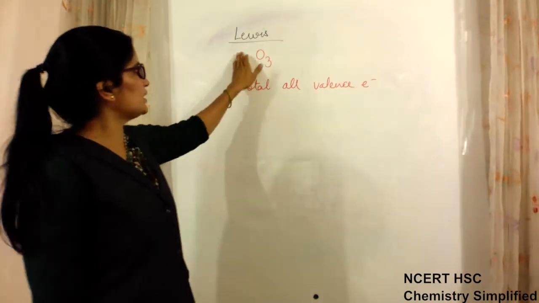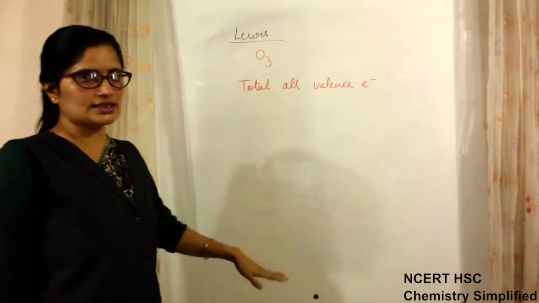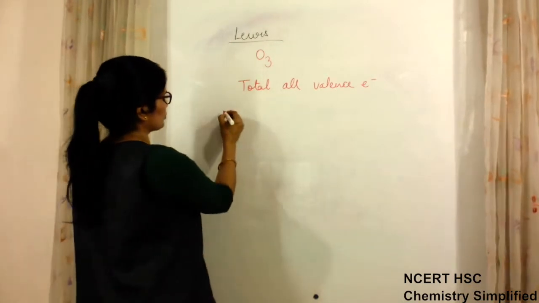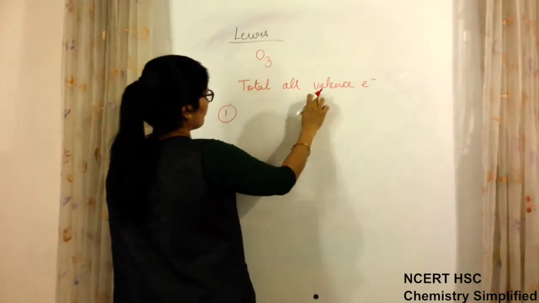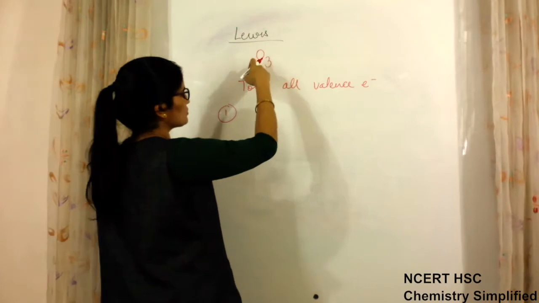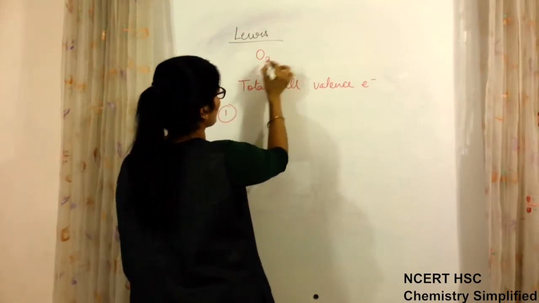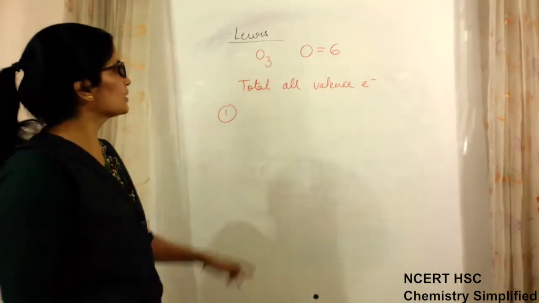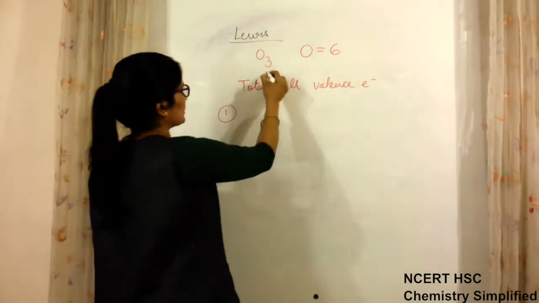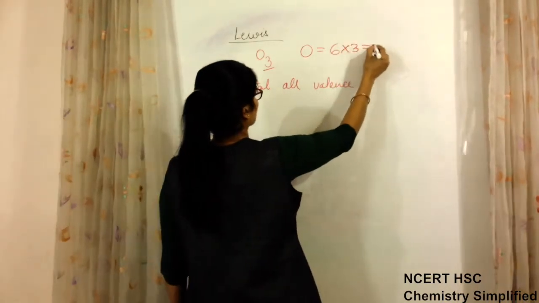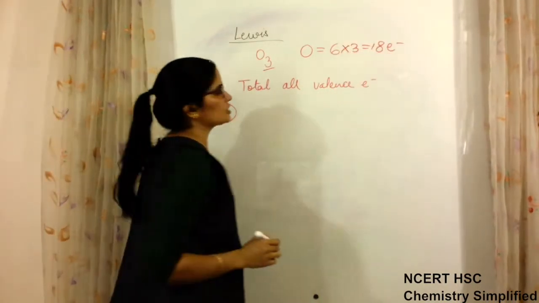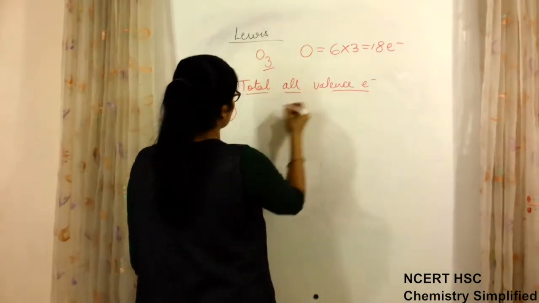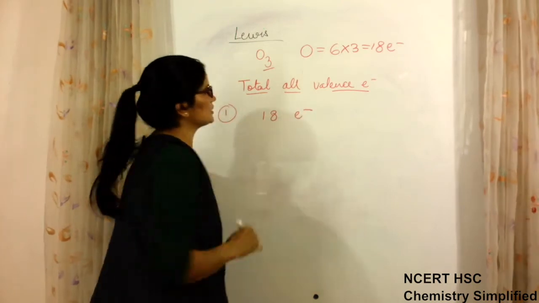As many atoms are participating, according to the Lewis covalent bond formation structures, we have to take the valence electrons of all atoms which are participating. So the valence electron of one oxygen atom is 6, and there are 6 into 3, 18 electrons in all we have. So the first step is to total all valence electrons. So we have 18 electrons here.